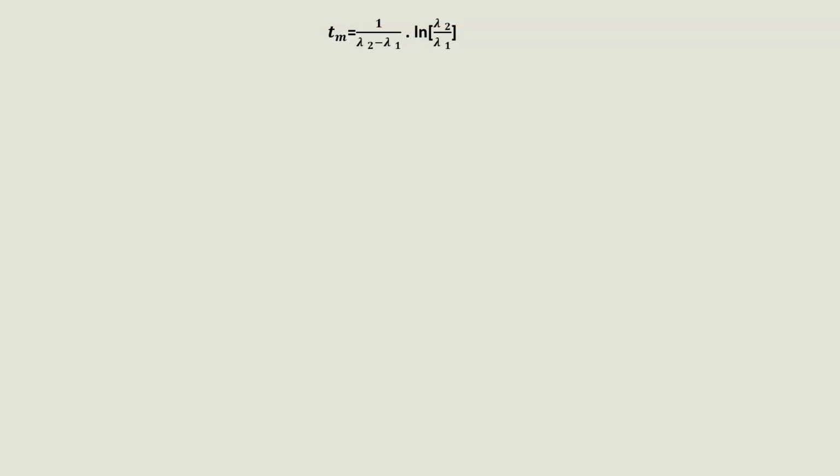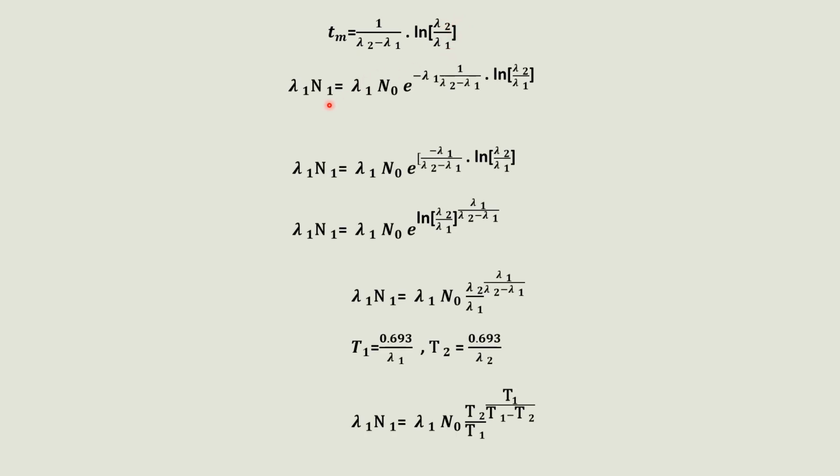So tm equals 1 by (lambda 2 minus lambda 1) into natural log lambda 2 by lambda 1. So lambda 1 n1 equals lambda 1 n naught e to the power minus lambda 1 into 1 by (lambda 2 minus lambda 1) with natural log lambda 2 by lambda 1.